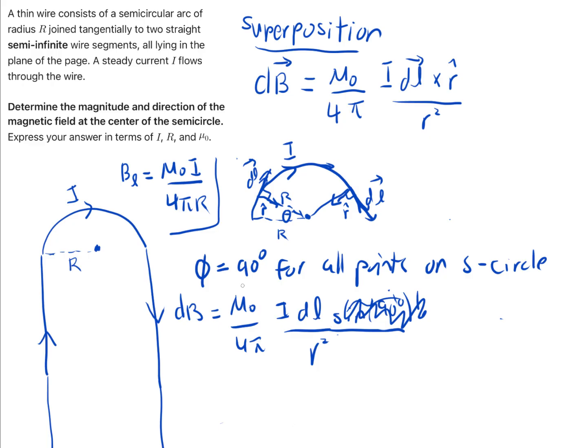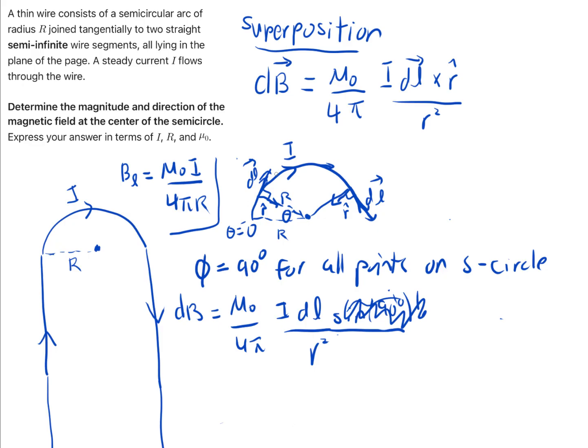And again, we need to find a way to express dl and r squared in terms of either constants or our variable that we're integrating with respect to. So for this case, let's integrate with respect to theta again, since it's pretty clear that if we define theta to be the angle from this line here, then at the start, theta will equal 0 degrees.